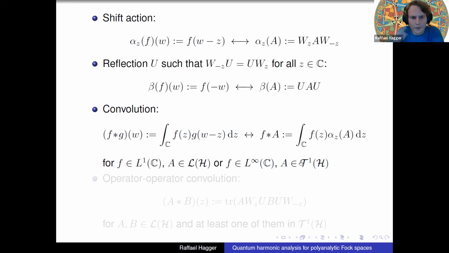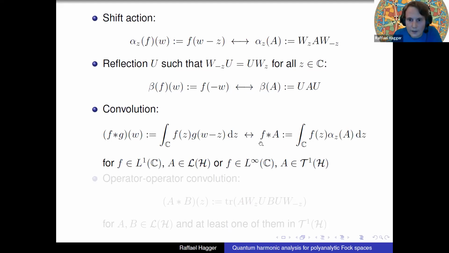So on the operator side, L1 is always replaced by trace class, L2 will be replaced by Hilbert-Schmidt, and L infinity will be replaced just by the whole set of bounded linear operators. Essentially you could also replace LP by the Schatten classes and so on, but we won't need them today. We just need L1, L2, and L infinity today.